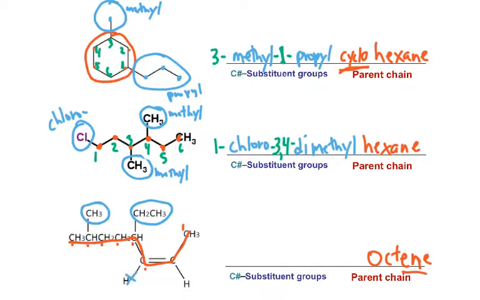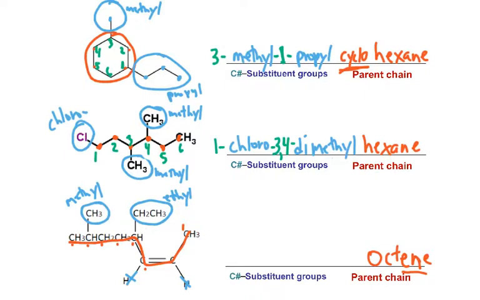They just happen to be showing that hydrogen sticking off of the carbon. But a hydrogen by itself is not a substituent. It's included with that carbon in the chain. So the only 2 substituents are this methyl group right here and this ethyl group right here.